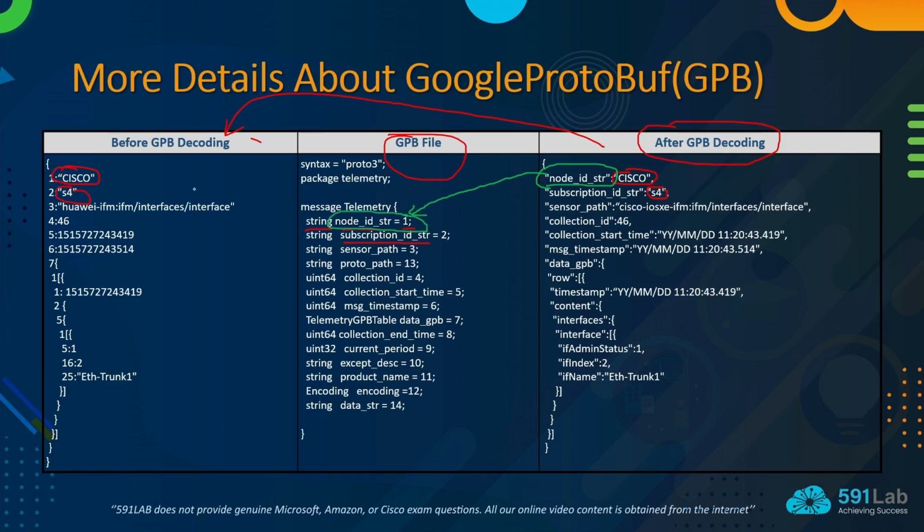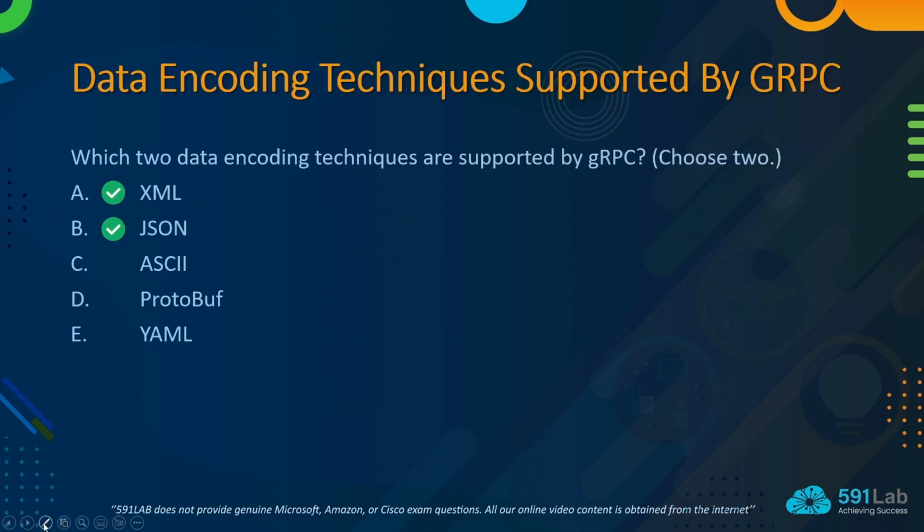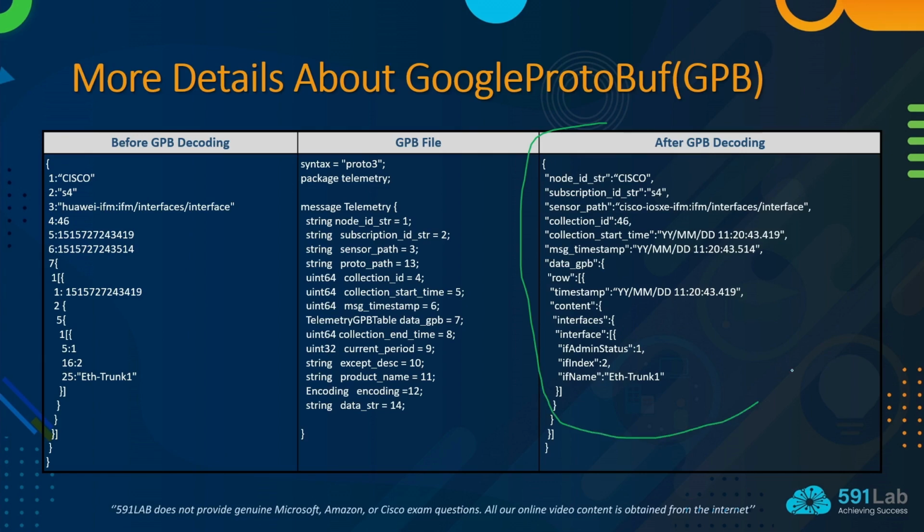Okay, so the key we will transport in the network is 1. Okay, so this is the original data in the switch, and this is the data we can transport in the network.